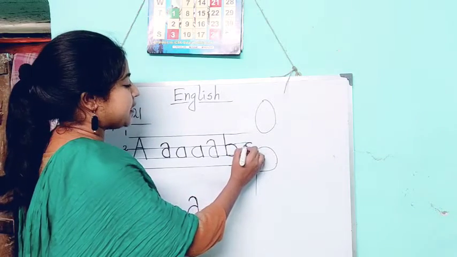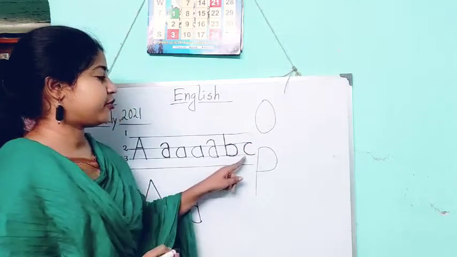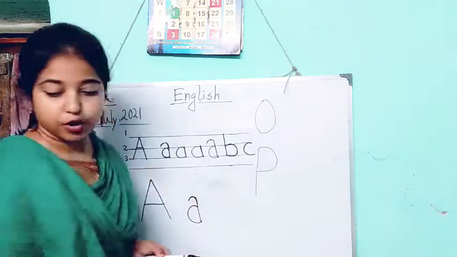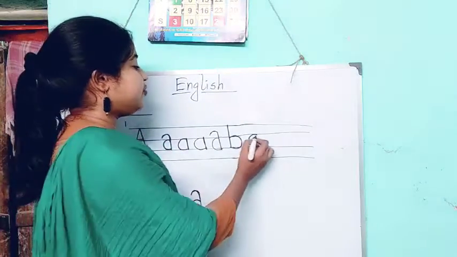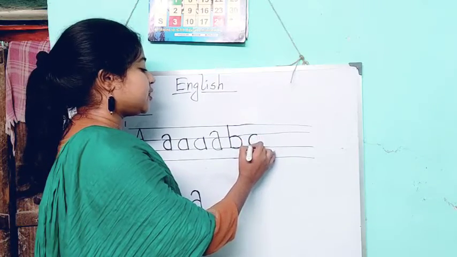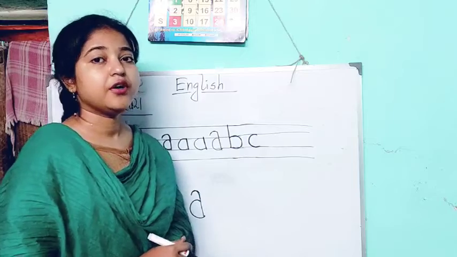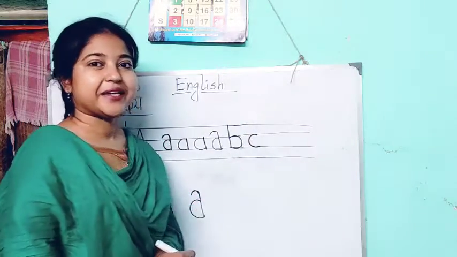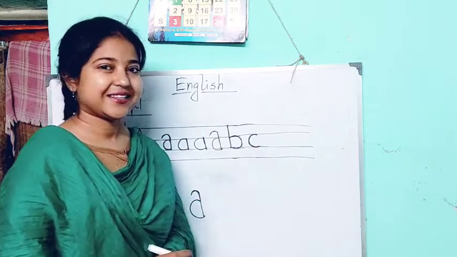C is similar to your capital C, but for writing small c, you just need to use the 2 lines, only 2 and 3. For capital C, we were using 1, 2 and 3 lines. But for small c, we are using only 2 and 3 lines, okay?